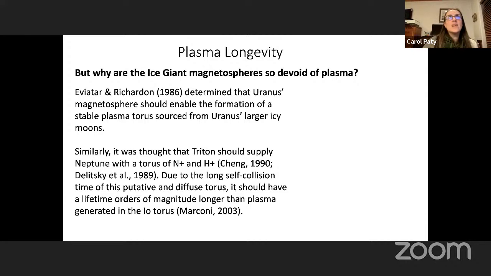And so instead of longevity, I like to think about it as stability. And the reason for this is that with the complicated magnetic geometry of these tumbling magnetospheres, it turns out that we theoretically predict that the plasma doesn't stay stably trapped for very long. Even if Triton or other moons are creating a source of plasma, it just doesn't stick around. It doesn't have good plasma confinement because the geometry is not conducive for keeping plasma there for very long.